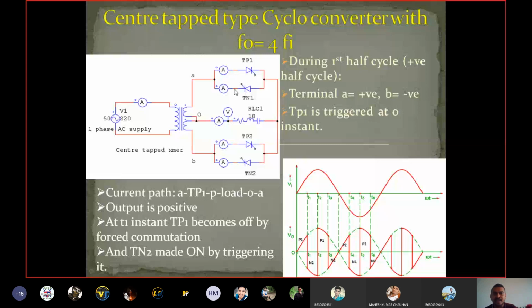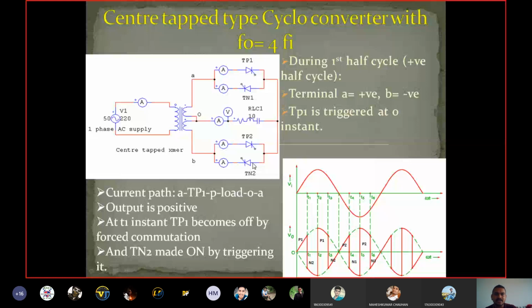As the anode of TP1 is connected to positive, there is a possibility of TP1 becoming forward biased, whereas TN1 becomes reverse biased because its cathode is connected to positive. Likewise here B is negative, that means the anode of TP2 is connected to negative, so it will become reverse biased, and the cathode of TN2 is connected to negative, so there is a possibility of TN2 becoming forward biased.